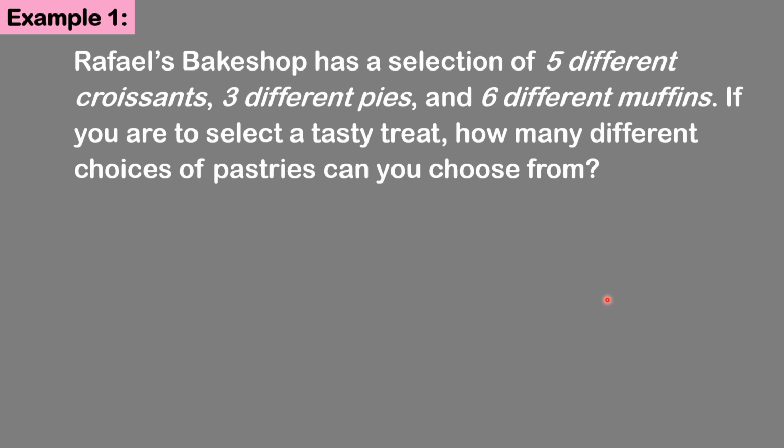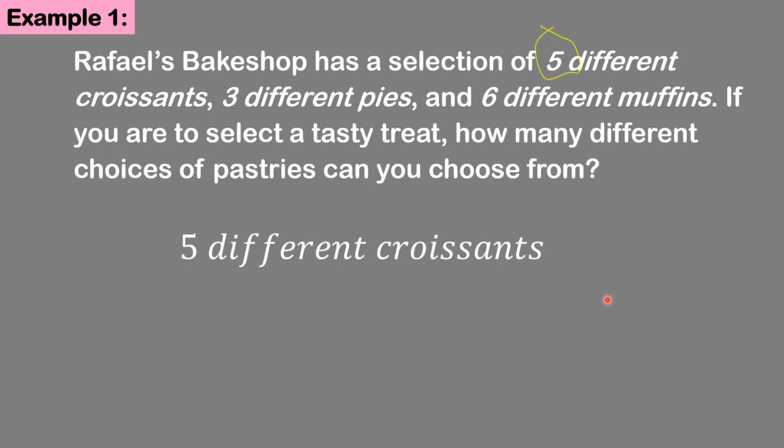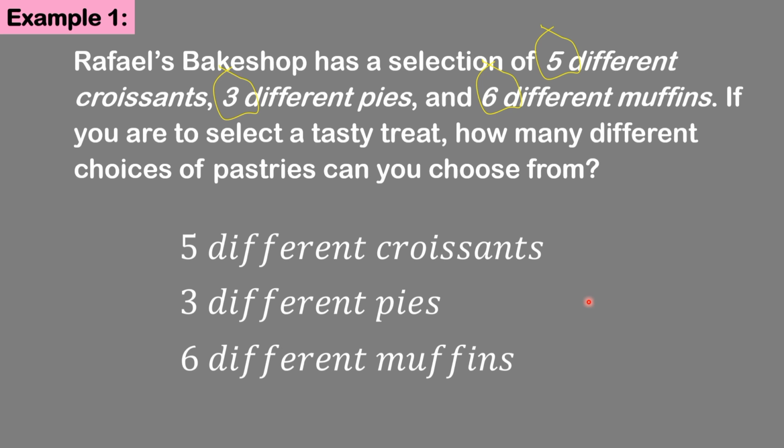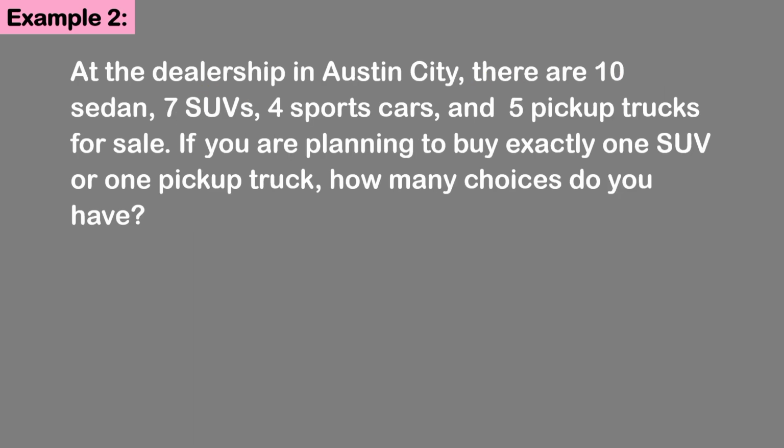You can choose from the following: 5 different croissants, 6 different muffins, and 3 different pies. To find the total number of different choices, simply add them together. Therefore, there are 14 choices of treats that you can choose from Raphael's Bake Shop.